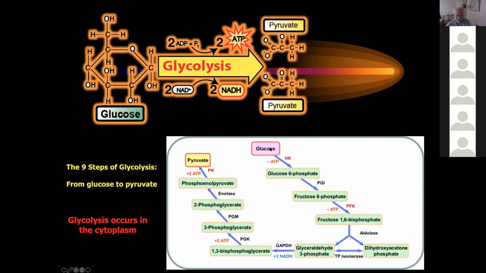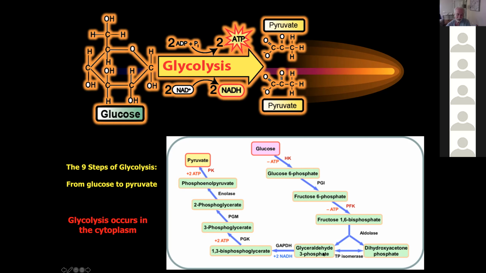There are 9 steps from glucose to pyruvate, 2 of which consume ATP. So from glucose to glucose 6-phosphate takes an ATP, and another step later takes another ATP.